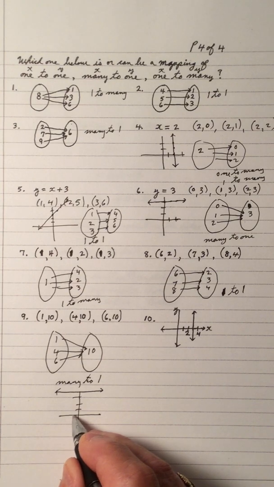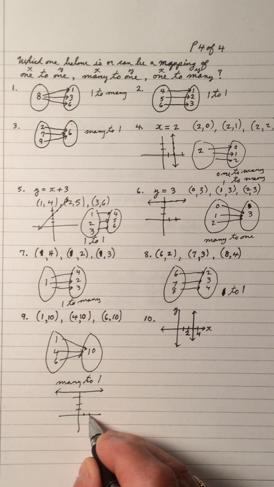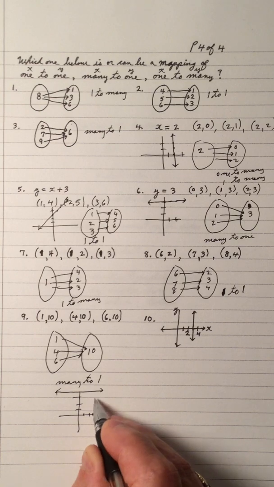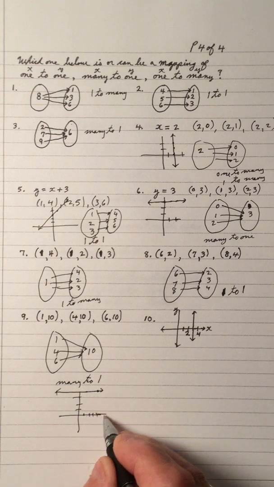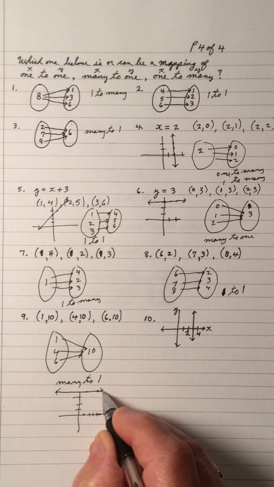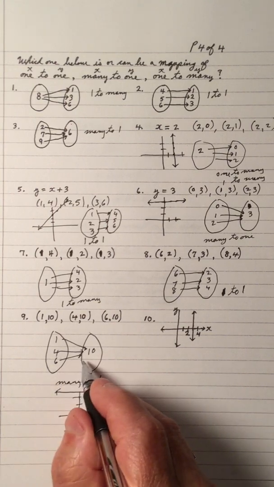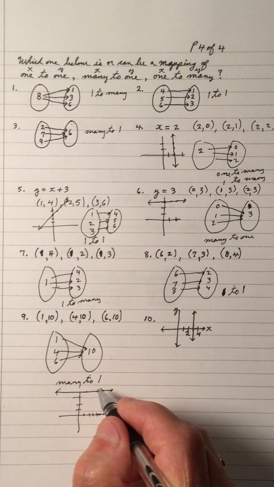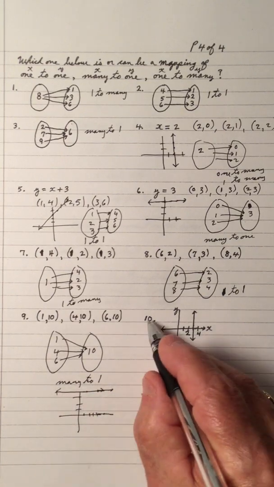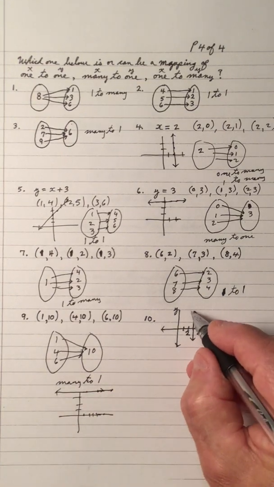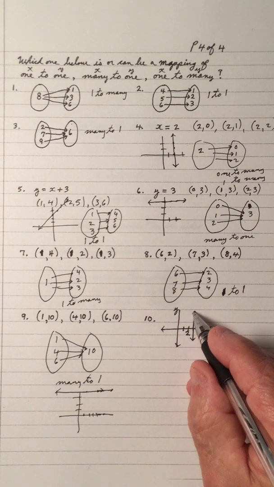Many x's. X is 1. X is 4. Going to a 10. X is 6. Going to a 10. So many x's going to 1 y is horizontal. And number 10, we have a vertical line. So what do I see?